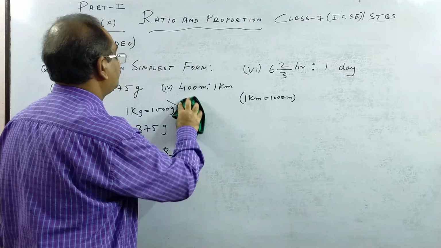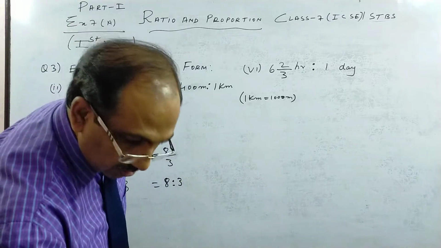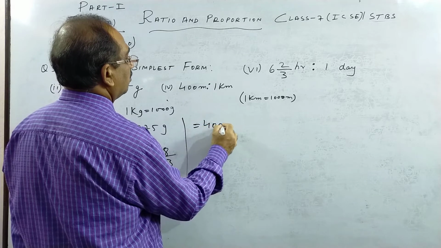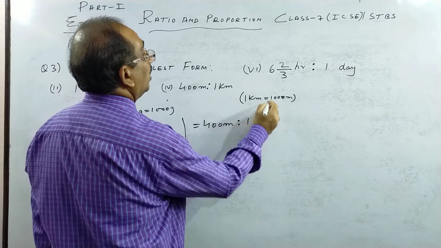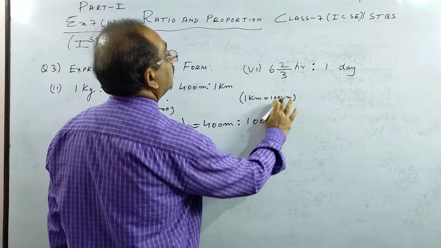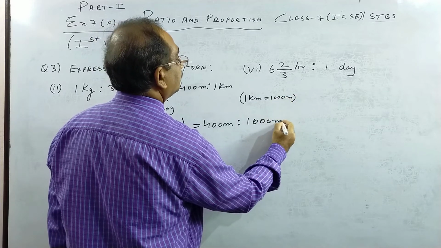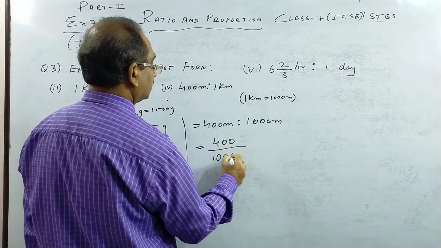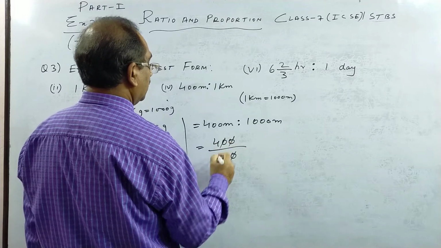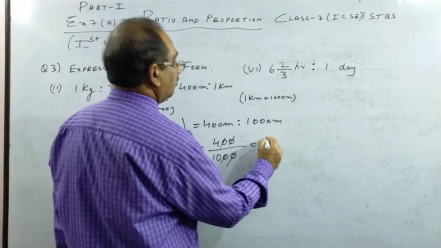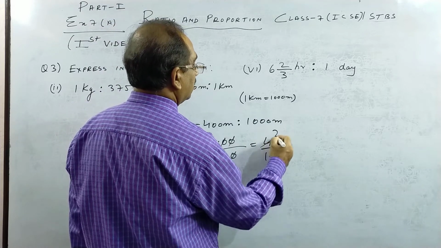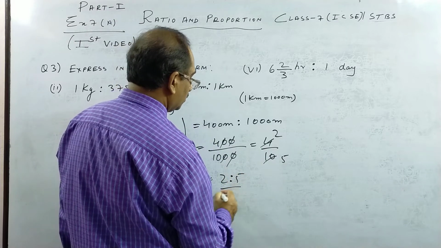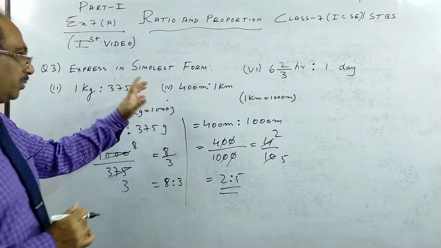Okay, so let us do part 4. 400 meter, children, remains 400 meter. 1 kilometer is 1000 meter. Now we divide. So I get 4 by 10, which can be cancelled by HCF. 2 2s are 4, 2 5s are 10. So this is my simplest term, because it is expressed in simplest term.